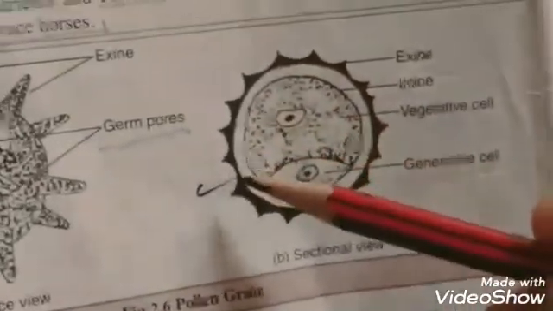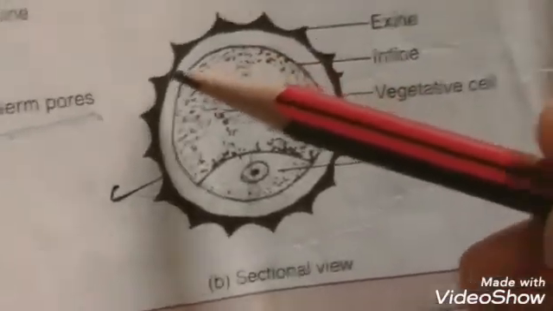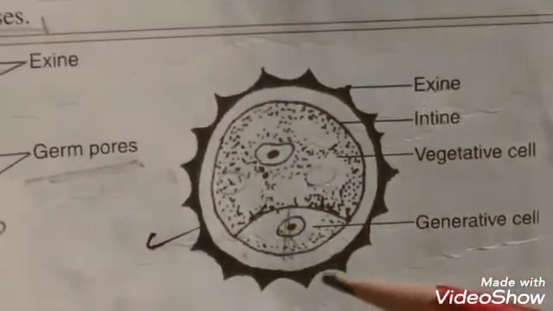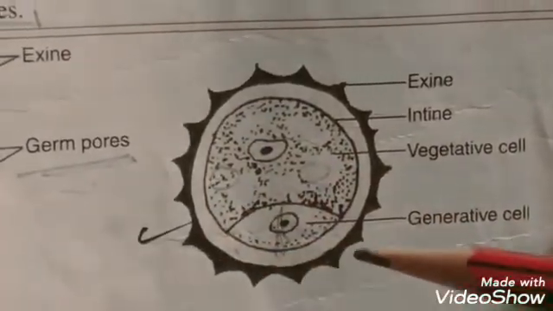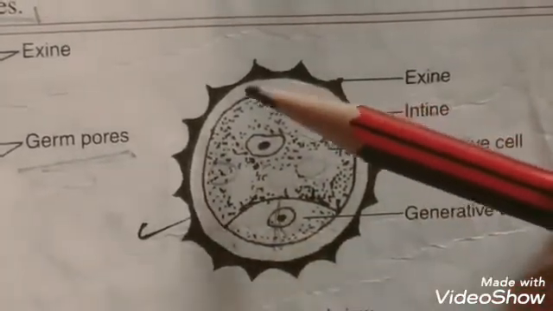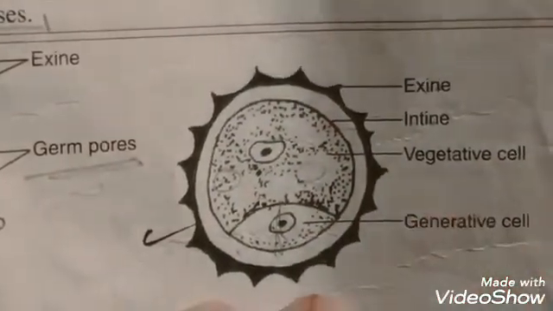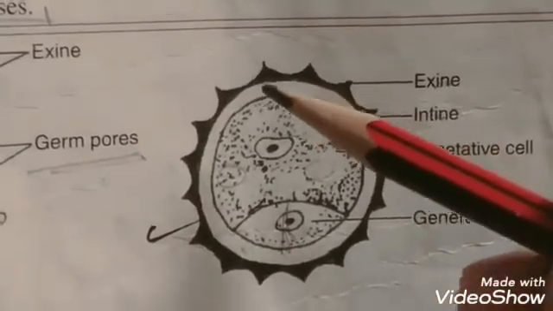Now, this exine is spiny and rough in the case of insect pollinated plants, and it is also covered by a wax-like substance that is known as pollen kit.